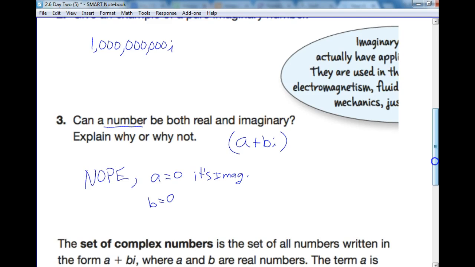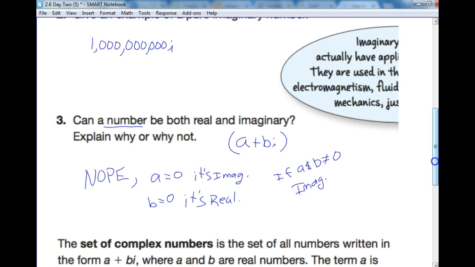Because your i's gone, so if b is 0, it's a real number. And if a and b both are non-equal to 0, what kind of number is it? It's an imaginary number because i's in it.